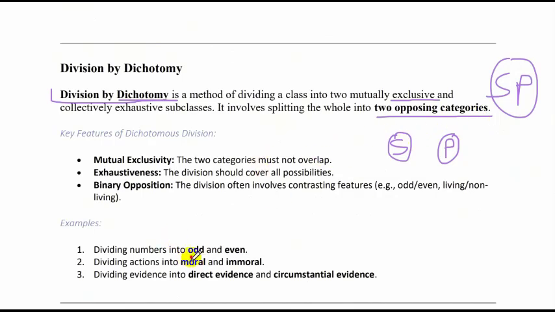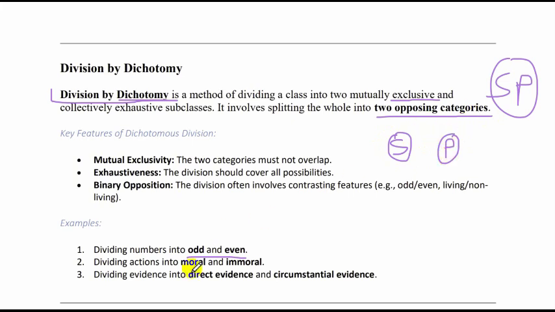For example, odd and even. So there are many numbers in this broad category of SP. Now we have divided them by breaking them up into exclusive and exhaustive. So all odd numbers are covered in the S, all even numbers are covered in the P, and they are opposing categories.